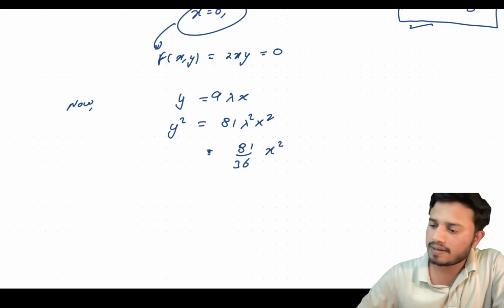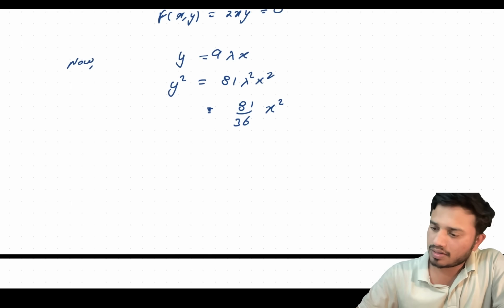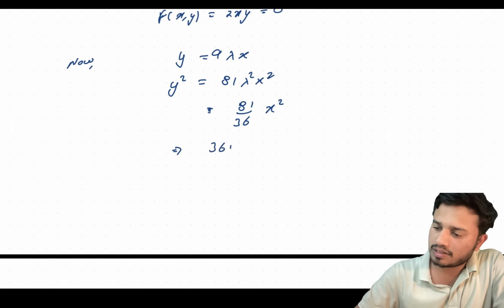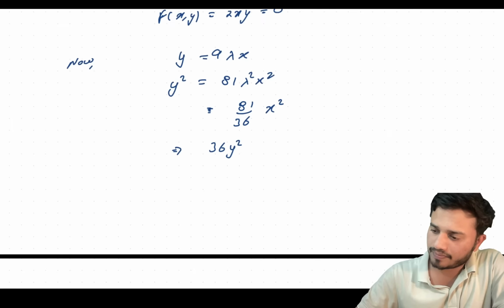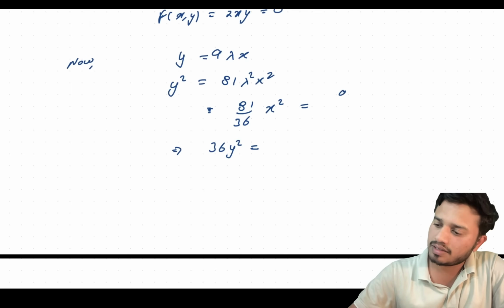Squaring both sides, this implies that 36 y square equals 4x square.